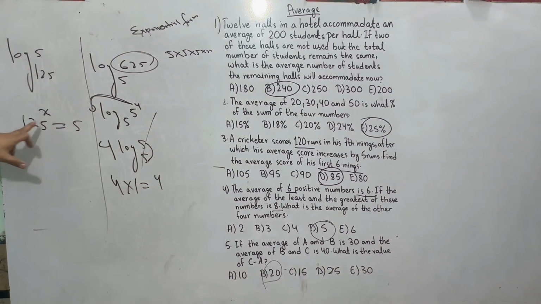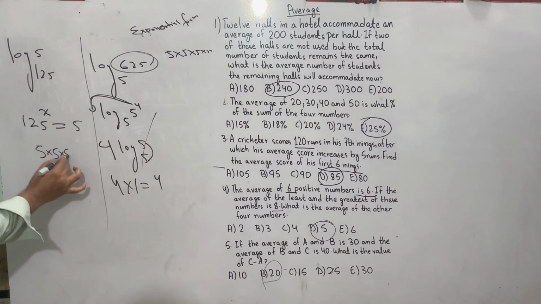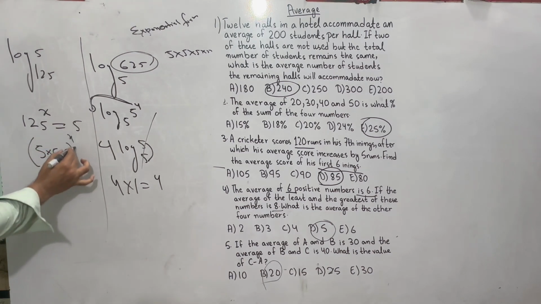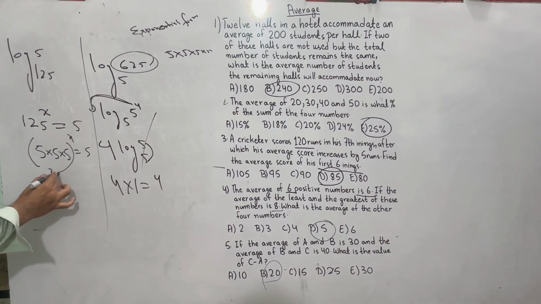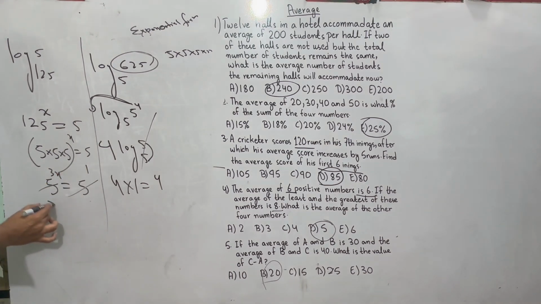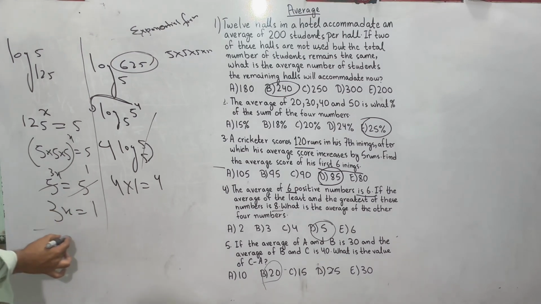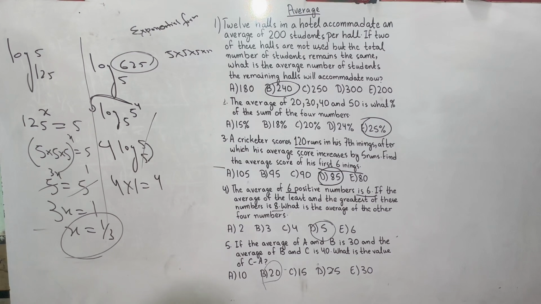Or in a simple fashion, 125 can be written as 5 into 5 into 5, overall raised to x, is equal to 5. So it can be written as 5 raised to 3x is equal to 5 raised to 1. Bases are equal, therefore powers are equal. So 3x is equal to 1, or x is equal to 1 over 3.